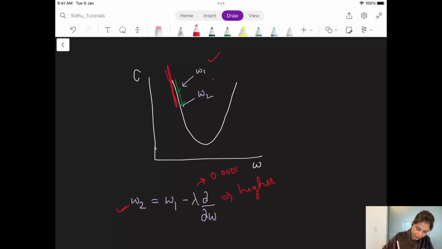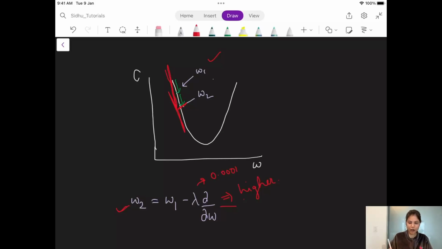So the new value of w could be this, and again we will check the slope at this point. Again we will find the value of the slope, multiply that with lambda, and deduct that value from our w2 and we'll get w3.